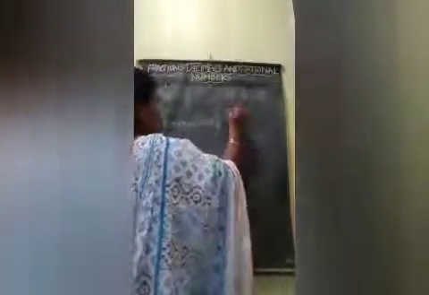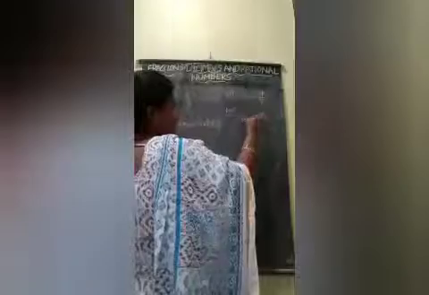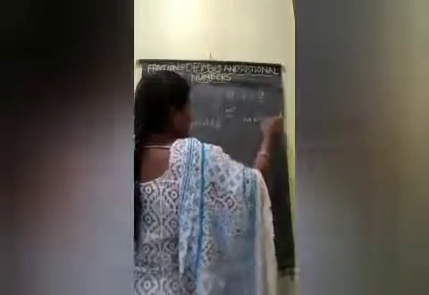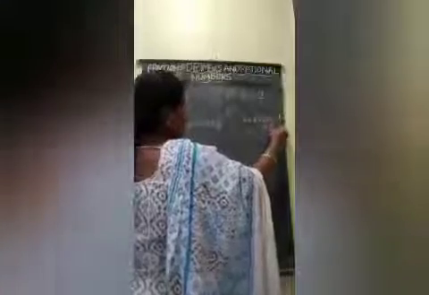Next one, second problem: 8 divided by 7 by 3. Follow the same manner. 8 multiplied with the reciprocal of 7 by 3.